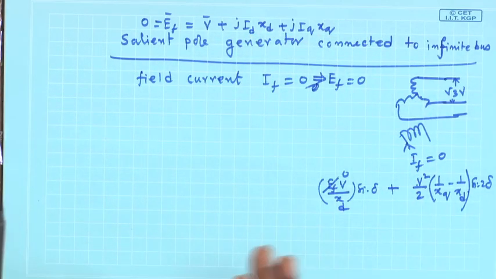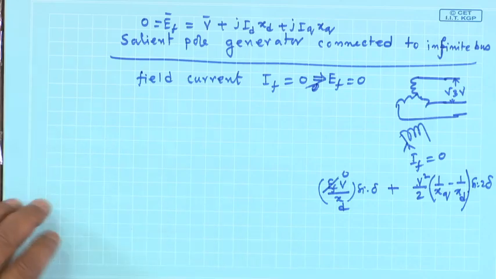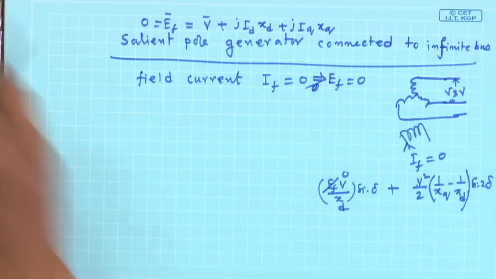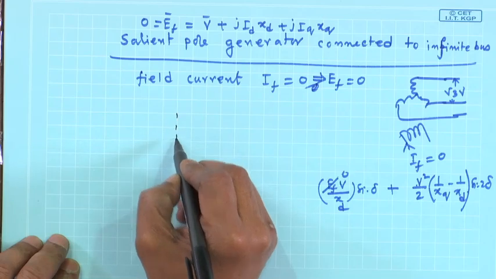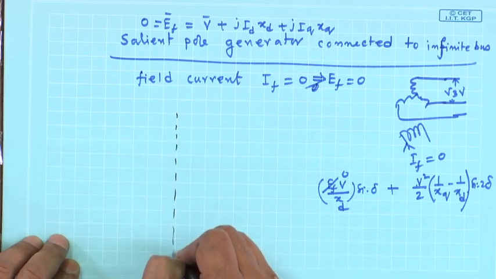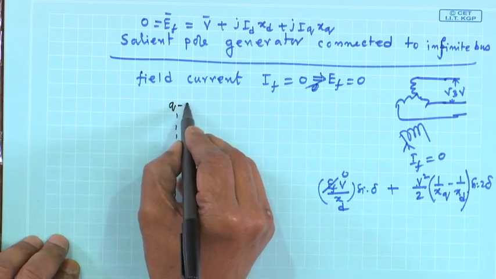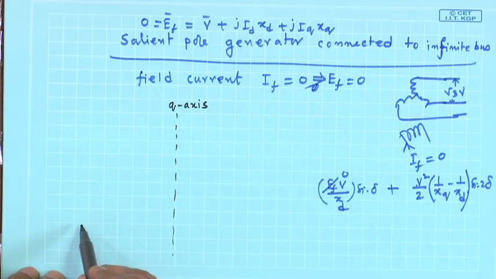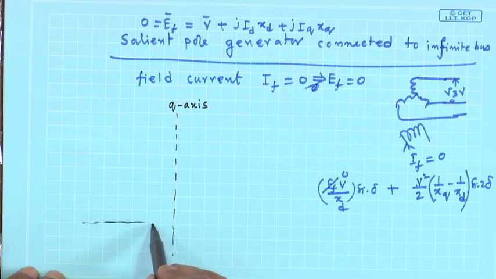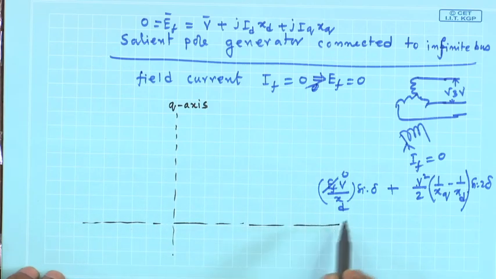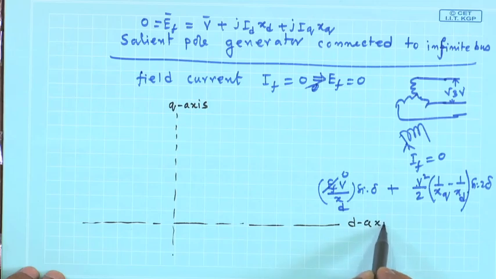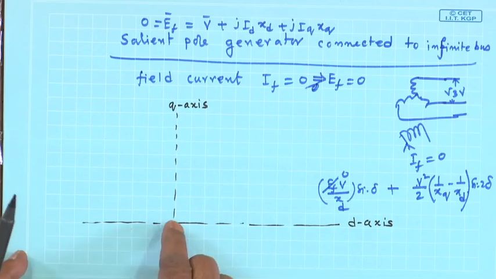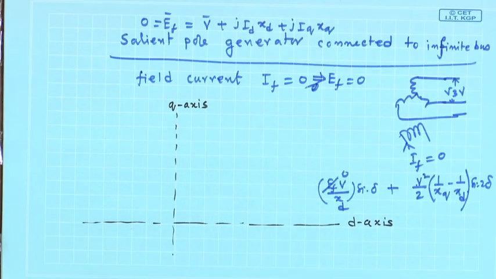Now, how to draw the phasor diagram of this? The first step, as usual, is to assume this is your q axis, and this of course will be at right angles, this will be your d axis. This I can do, no problem. So the q axis and d axis are defined. We know EF has to lie on the q axis, but EF is now 0.